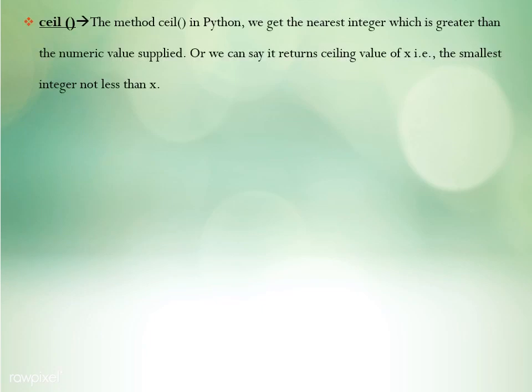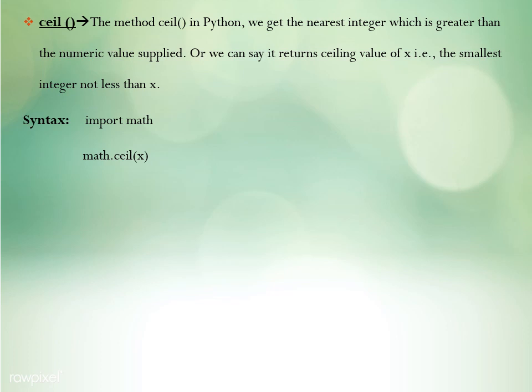This is the ceil function. With the ceil function in Python, we get the nearest integer which is greater than the numeric value supplied. Or we can say it returns the ceiling value of x, that is the smallest integer but not less than x. We will import the same module, the math module.